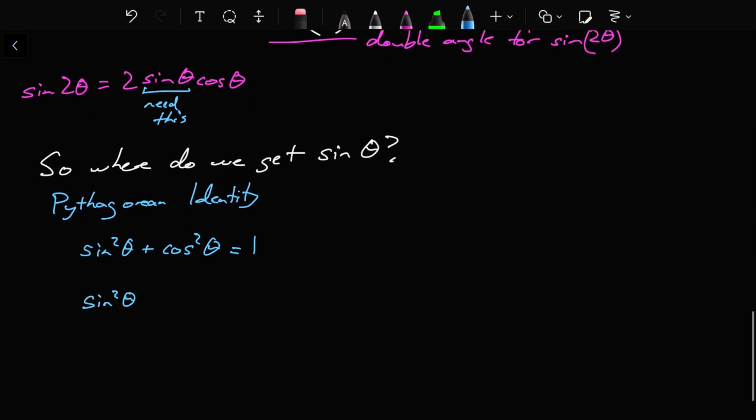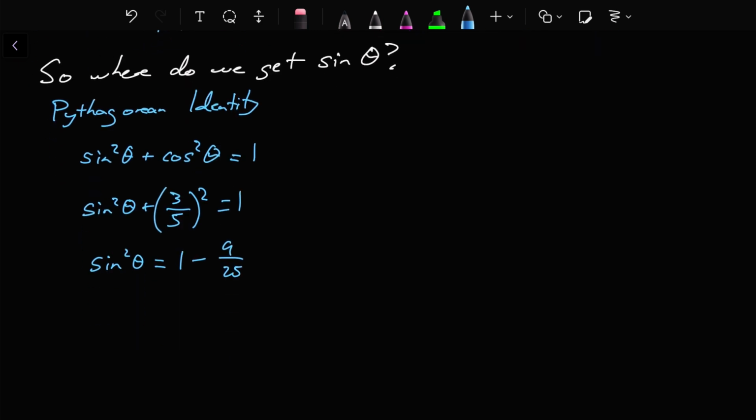So sine squared theta plus 3 over 5 squared is equal to 1. Therefore, sine squared theta is equal to 1 minus 9 over 25. So sine squared theta is equal to, I think, 16 over 25.